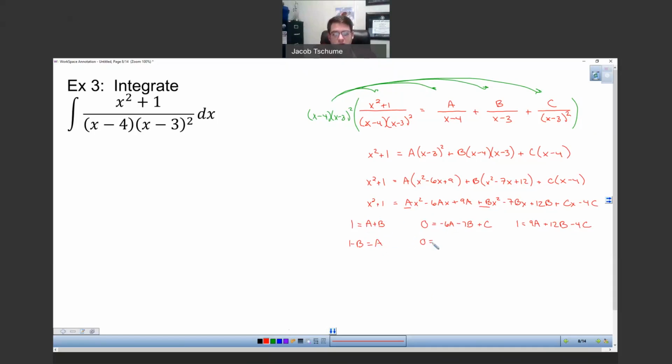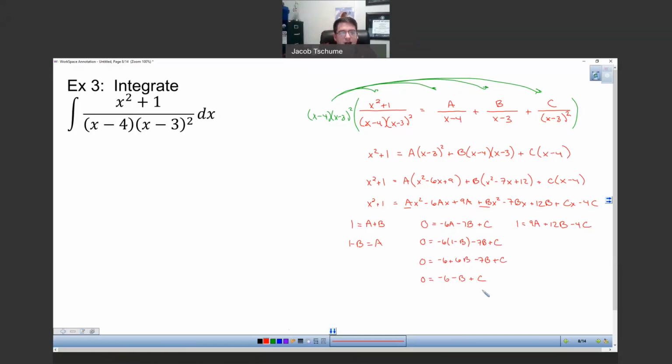That would be 0 equals negative 6 times 1 minus B, minus 7B, plus C. Working this out, 0 equals negative 6 plus 6B minus 7B plus C. And then I could say that 0 equals negative 6 minus B plus C.